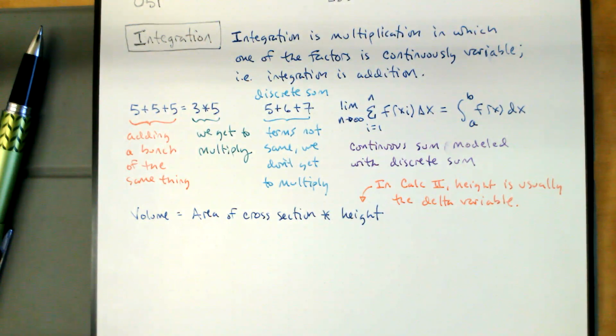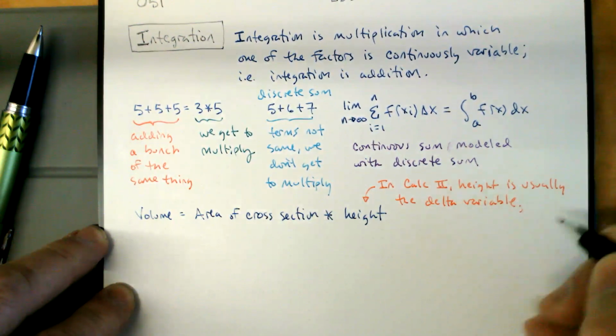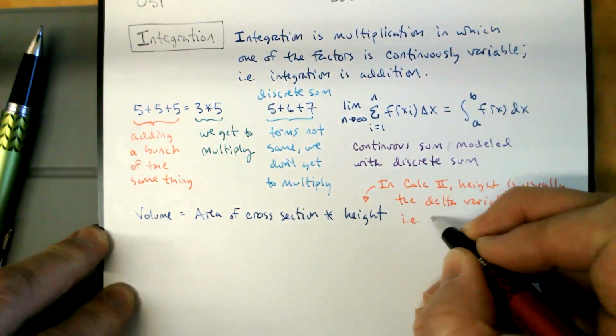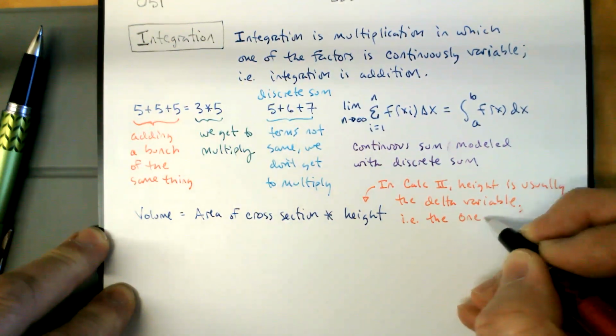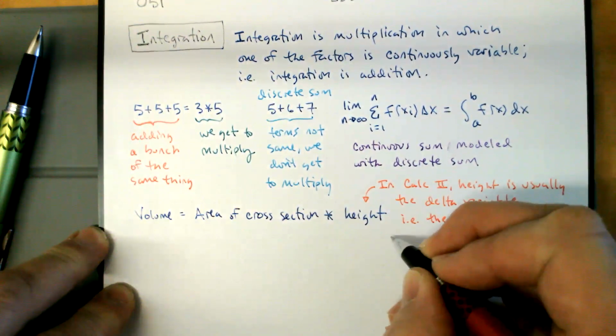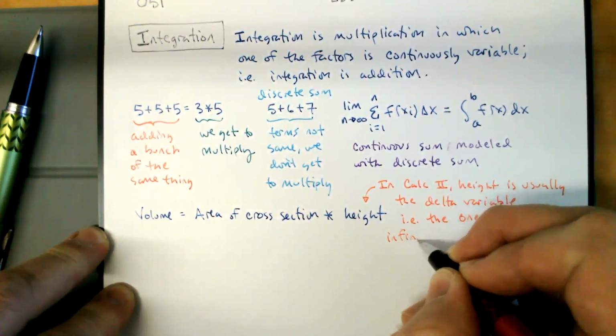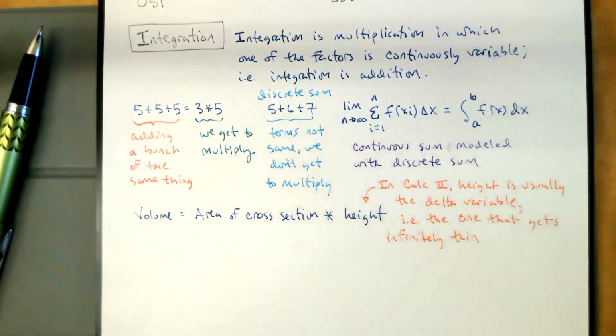The delta variable is the dimension that's getting infinitely thin, the one that has to get infinitely thin so that our volume is a stack of areas.